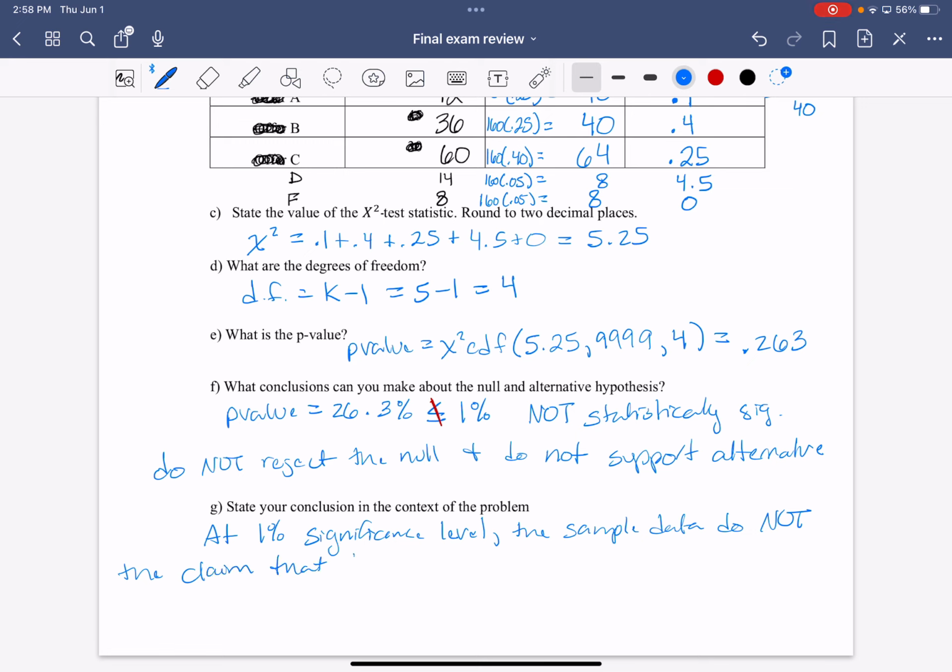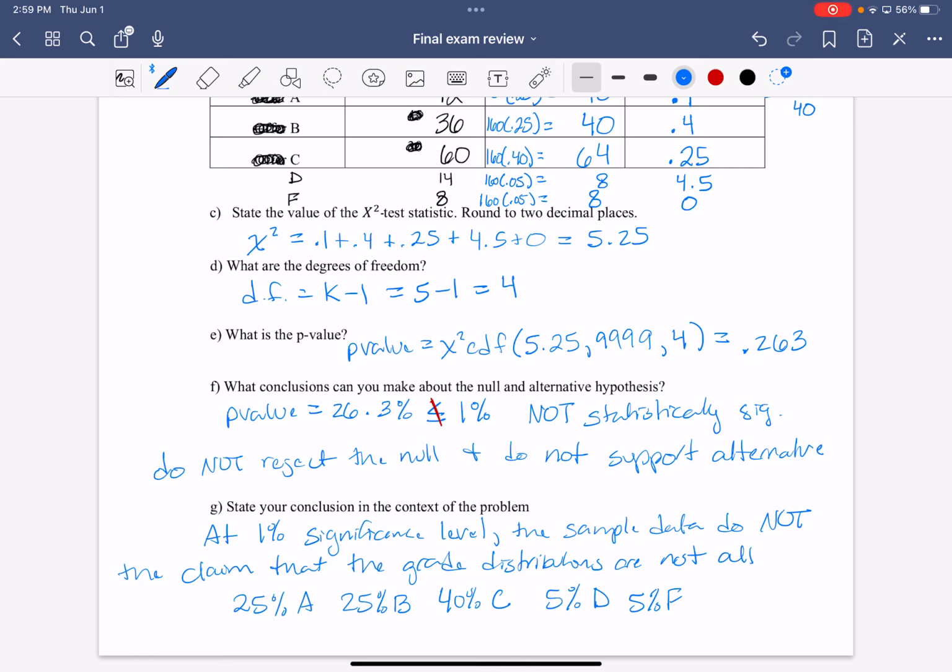The claim was the grade distributions are not 25% A, 25% B, 40% C, 5% D, 5% F. Maybe we could say are not all that.